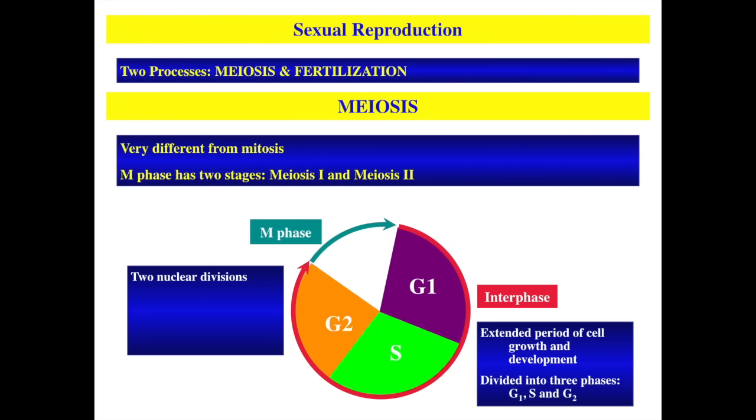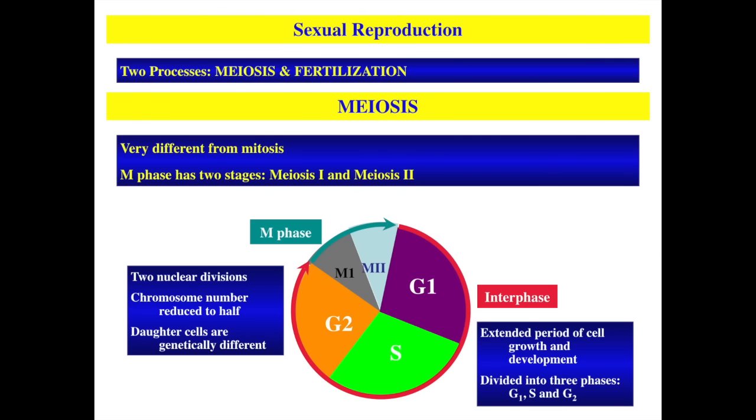There are two nuclear divisions, Meiosis I and Meiosis II. These reduce the chromosome number to half, and produce daughter cells that are genetically different than the parents, both because they are haploid and also because of the process of recombination or crossing over, which we will discuss.